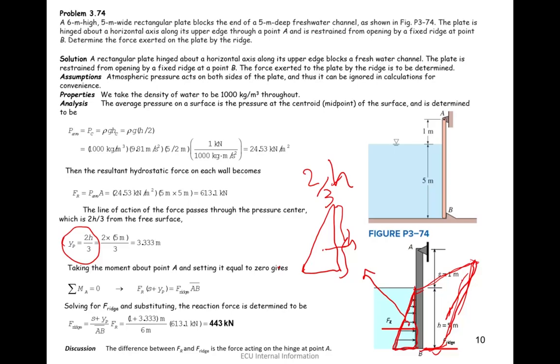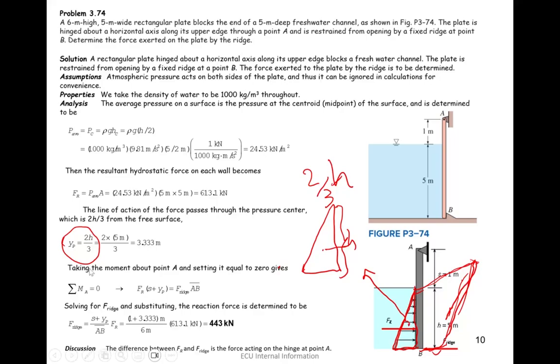However, if this is difficult for us to plot, then we can go based on the formula. My suggestion is that you just go and work out yp from the formula as well, and see what answer you're getting. You should get the same answer. So now up to here we know the center of pressure.